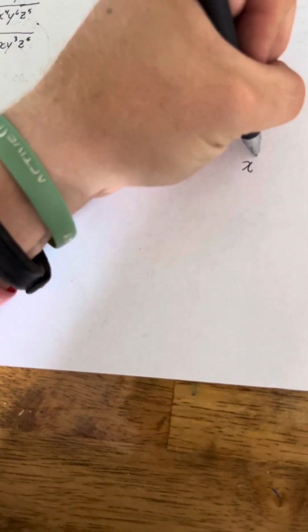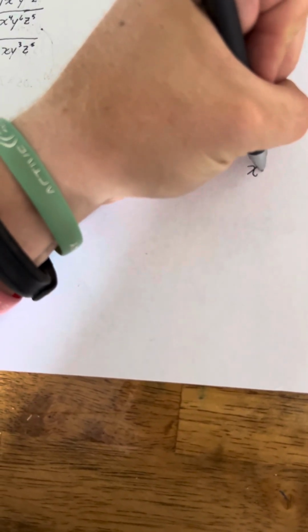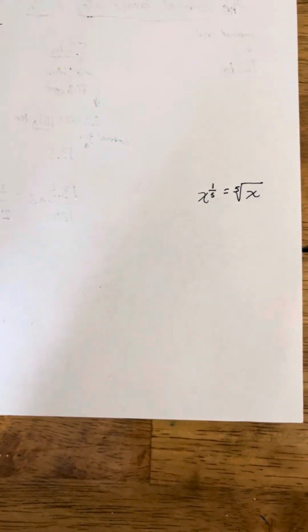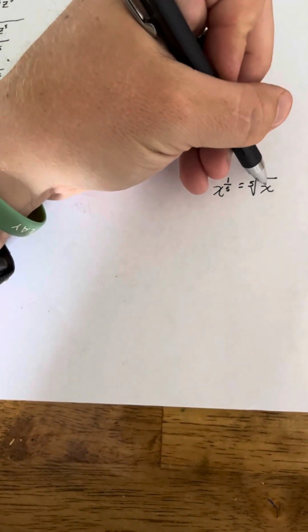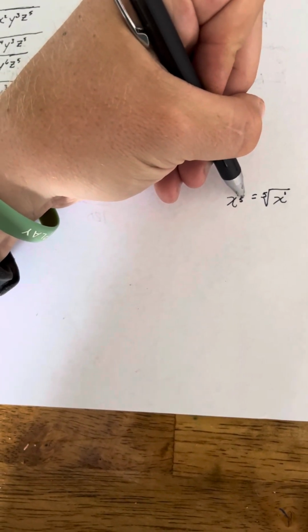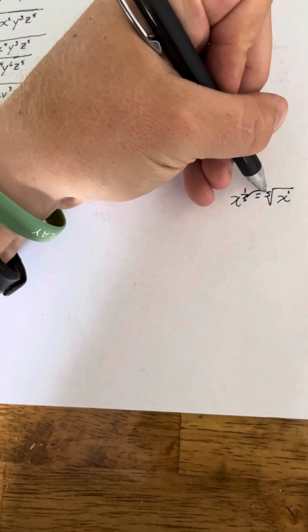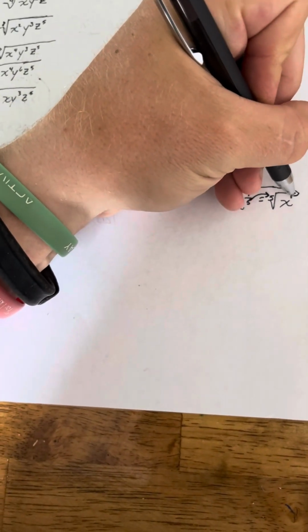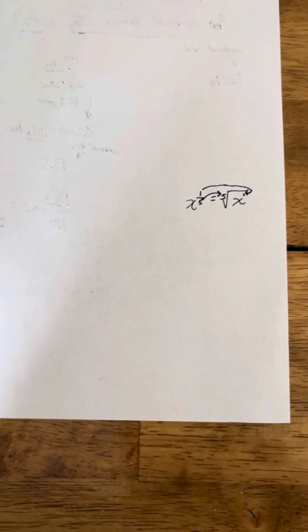Say I have x to the 1/5. X to the 1/5 is the same thing as the 5th root of x, because it's technically x to the 1st, but you can just leave it as x. Again, the denominator in this fraction goes with the root, and the numerator goes with the power underneath that root.